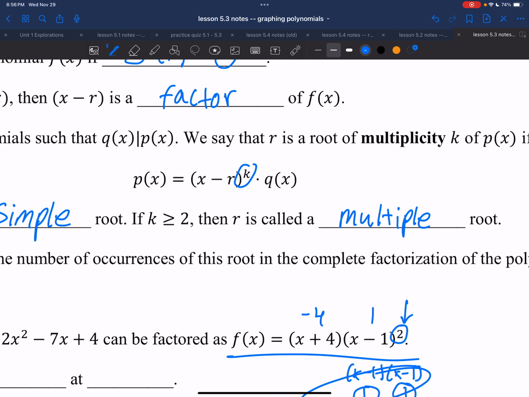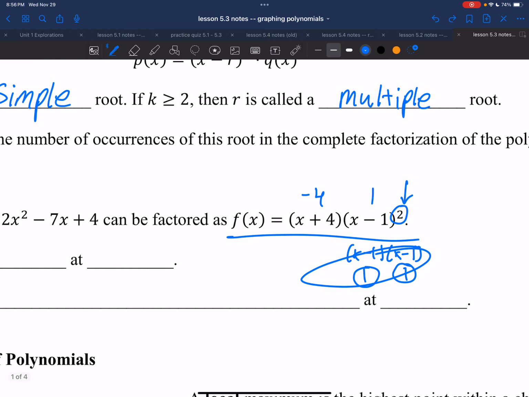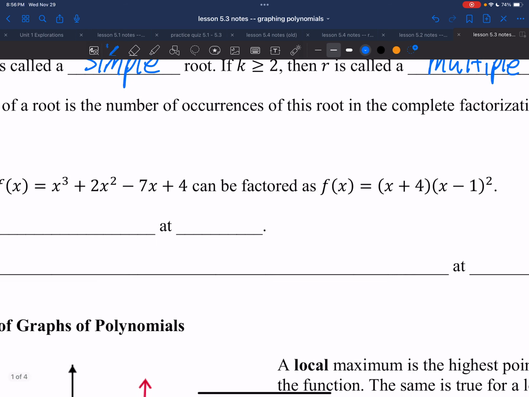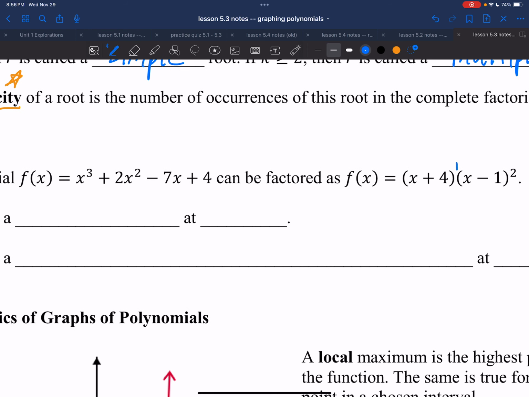That's it. Okay. So what goes in the blank here, basically, is you'll notice that x plus 4 is to the power of 1. So you have a simple root at negative 4, because k is 1. On the other one, k is 2.